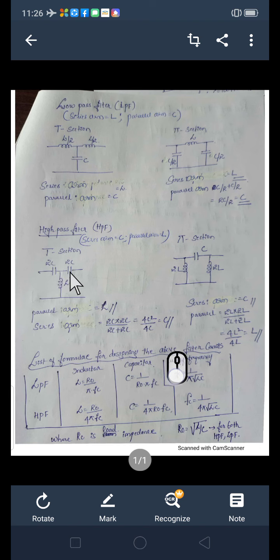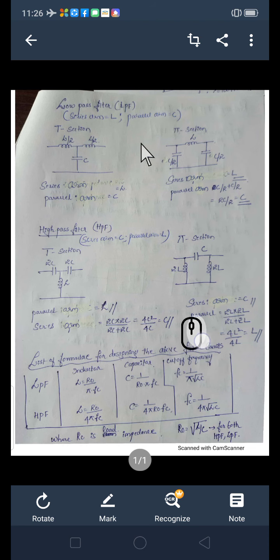This capacitor into this capacitor divided by this plus this should give you C. Therefore, it is taken as 2C and 2C. 2C into 2C divided by 2C plus 2C will give you C. This is no problem, L. Now here this is no problem, C, but here this combination is inductance. This into this divided by this plus this should result in L. Therefore, it is 2L and 2L.